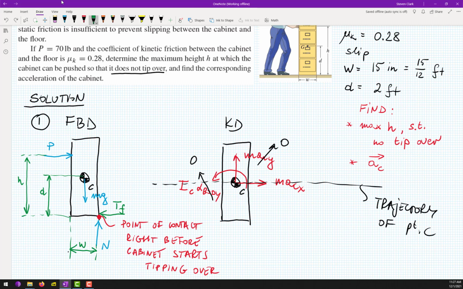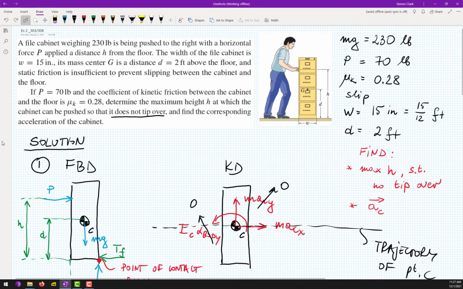Jaden, can you explain why we put the normal force at the point where you applied friction instead of in the middle? Sure, because they told us that in this situation, our thing will start tipping over. So that means that right before it starts tipping, the contact point between the object and ground is here.